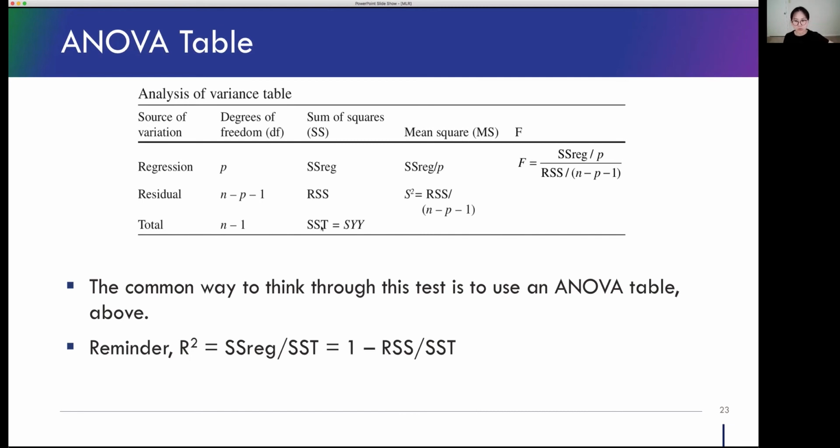So we use this ANOVA table to get our F statistic. And remember, we talked about R squared, which is the sum of squares of regression divided by total sum of squares, and that's the part explained by your model.